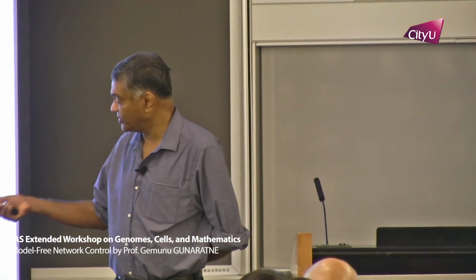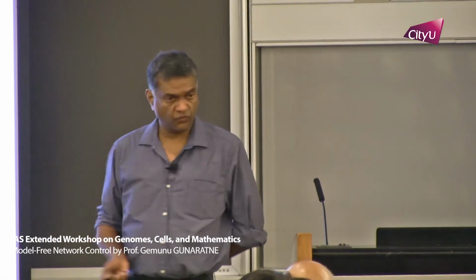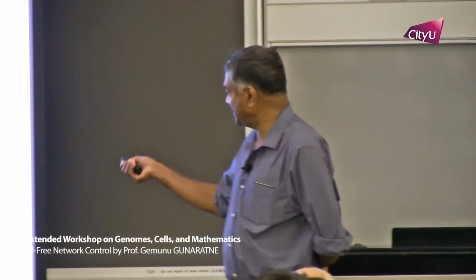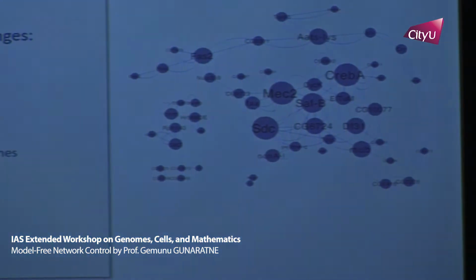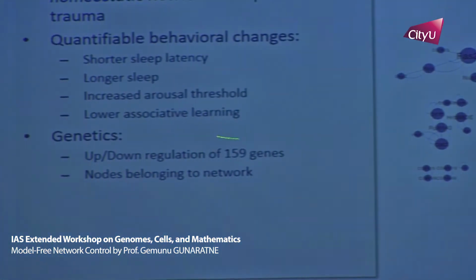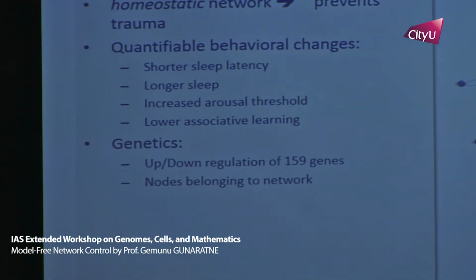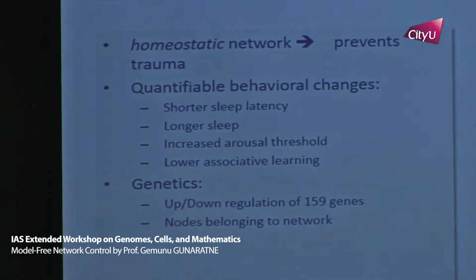However, we do know what genes are likely involved. And what I've shown in this network, there are about 50 of these genes which are known to have interactions within that group. So to complete this, it will take a long time more.